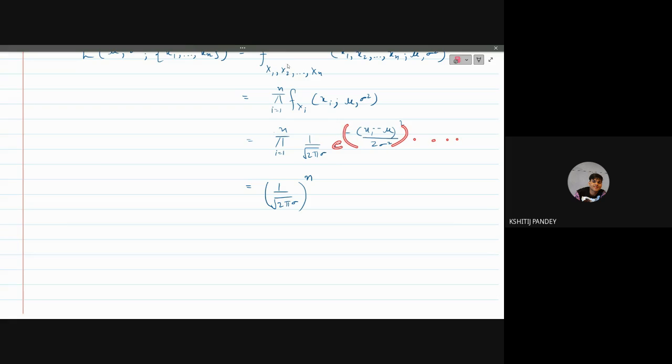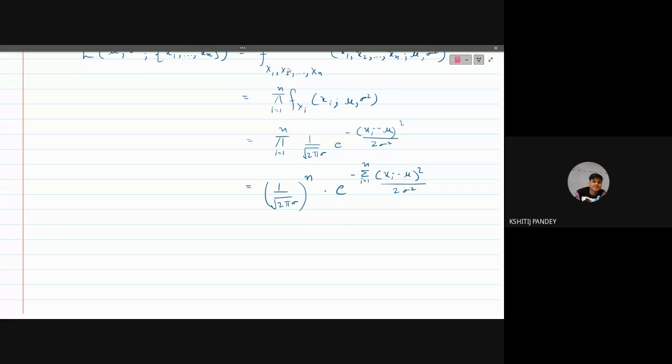So the base is same, so power gets added. So this will be e raised to the power minus summation i from 1 to n of xi minus mu whole square divided by 2 sigma square. And as it's a constant, this denominator, we can take this out.